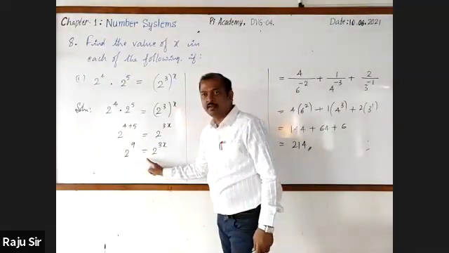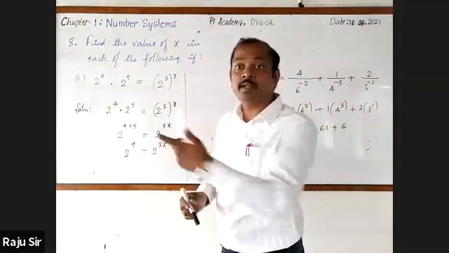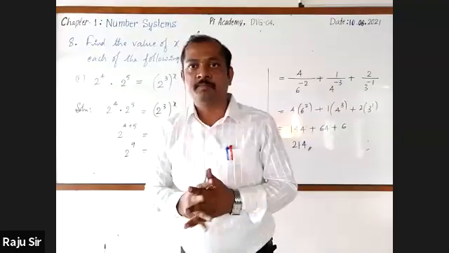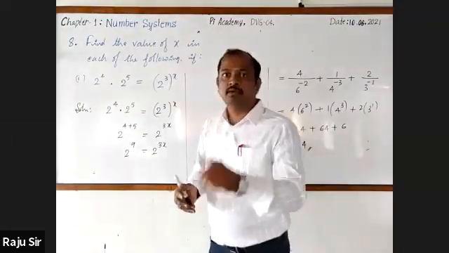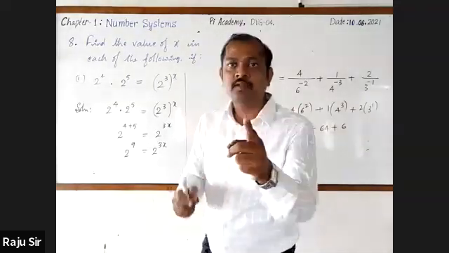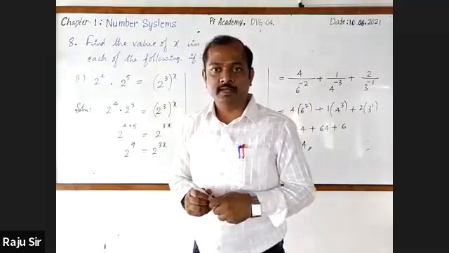Powers are different. So now we have to equate the powers. Please do remember. Now, in LHS and RHS part, only a single term is there and bases are same. Then you have to equate the powers.